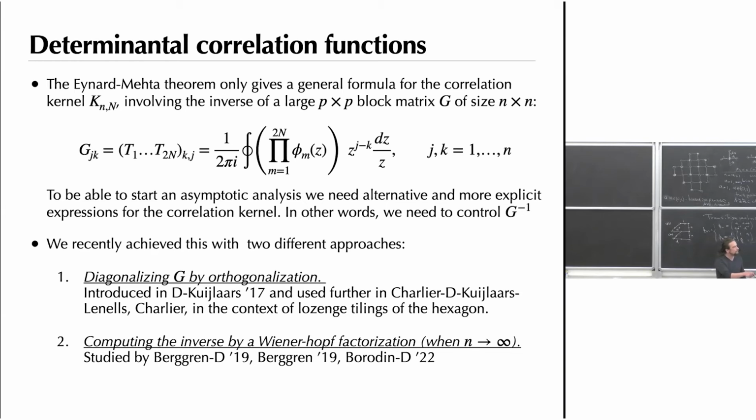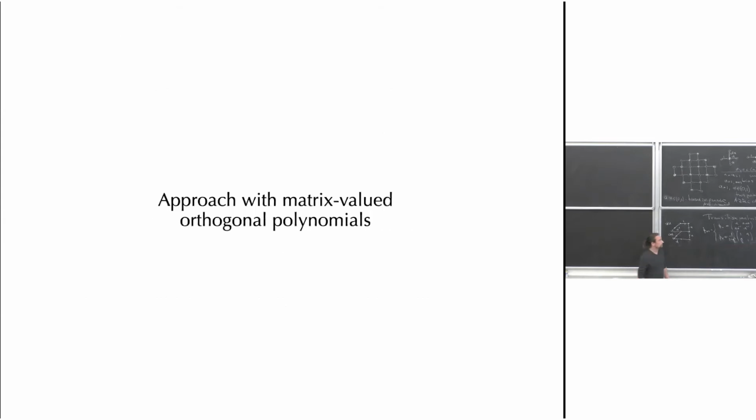If phi is a scalar and you set n to infinity, then this would be the Schur process, and you can find the inverse of this matrix. So this is the Schur process analog, and this is some different analog. I want to say a few words about each method. So the first method is the matrix valued orthogonal polynomials.